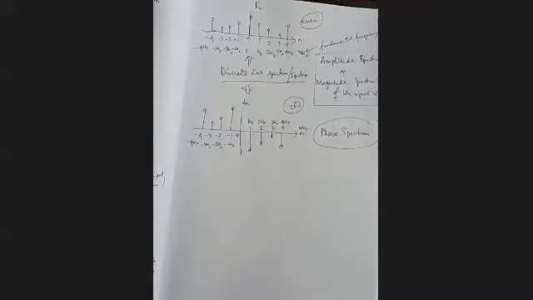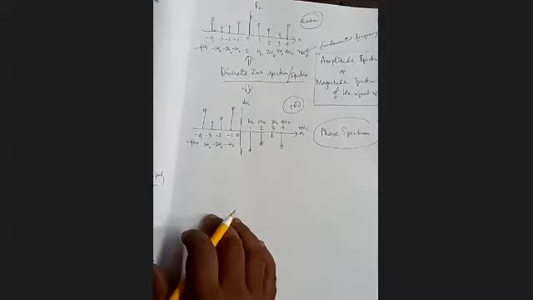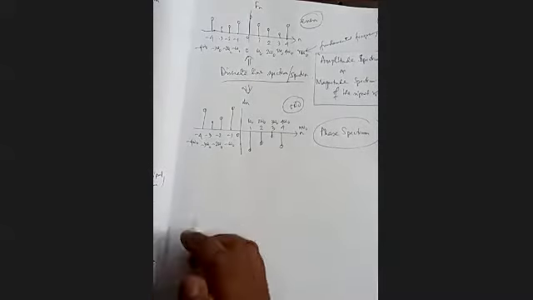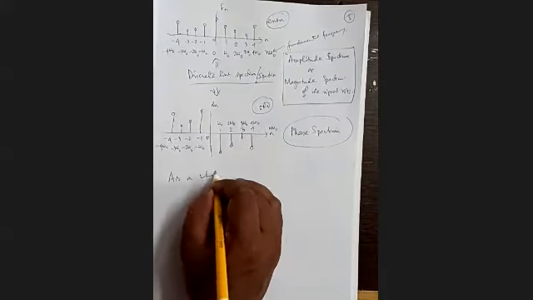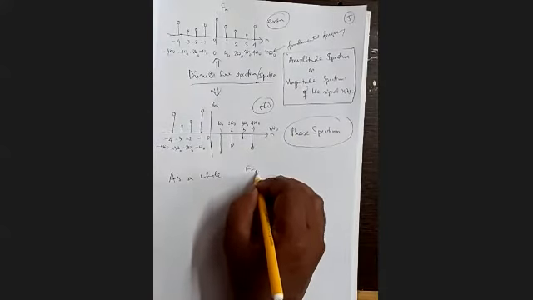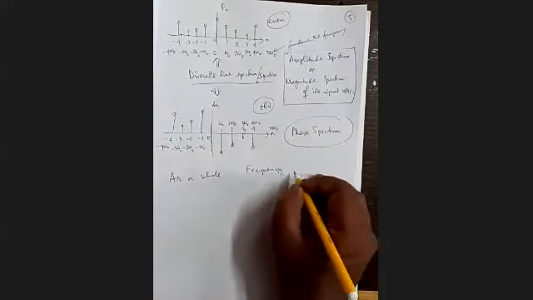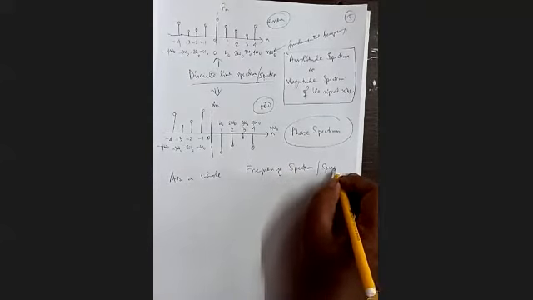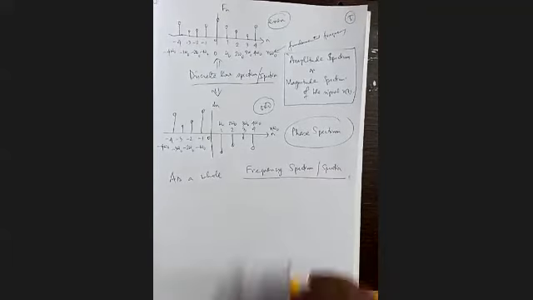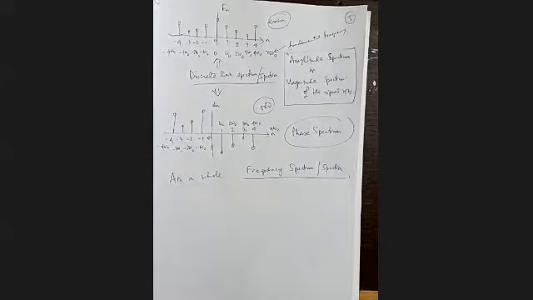So it is phase versus frequency terms, the phase spectrum. As a whole, this is called the frequency spectrum, or in plural, spectra. Frequency spectrum of x(t) or frequency spectra of x(t).